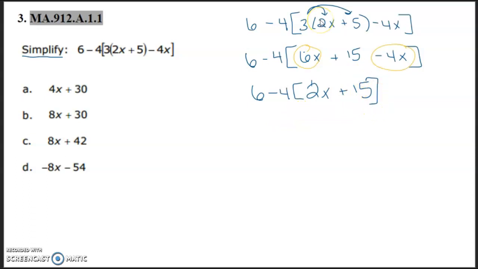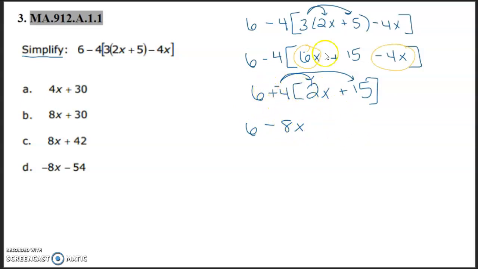Now that we have everything as simple as we can inside the brackets, our next step is to distribute this negative 4 to everything. Because it's a plus negative. So we have 6. Negative 4 times 2x is negative 8x.